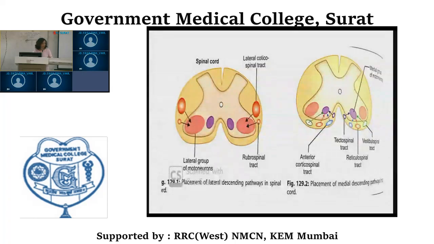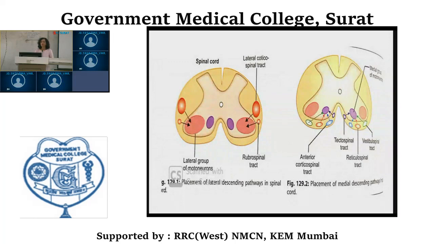The other fibers, arising from the premotor cortex, the rest 97% of the fibers, are a little slower conducting as compared to the fibers arising from the Betz cells.